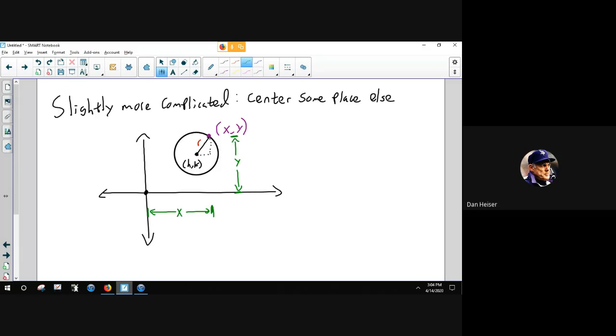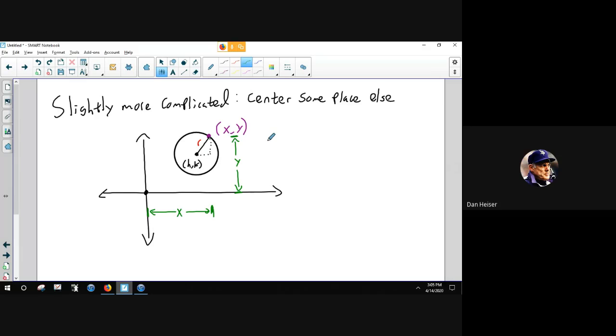Our ultimate goal is to figure out what these two sides of the triangle are. If we can figure out these two legs of the triangle, we can use Pythagorean theorem and have an equation that we can work with. This is not h. This is not k.